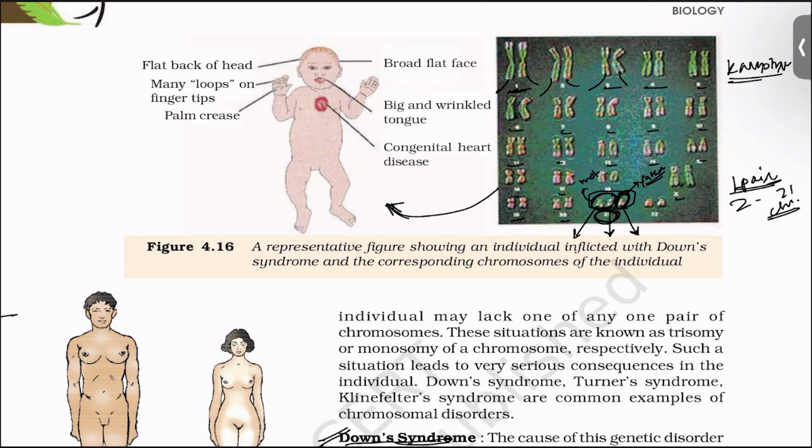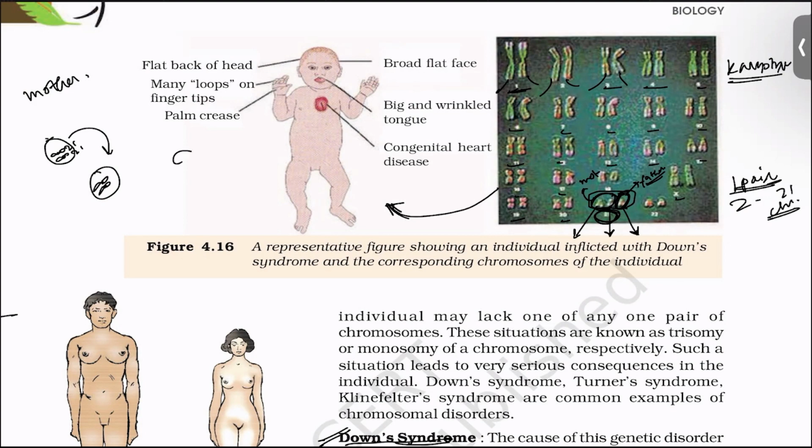So while forming the egg in the mother, the 21 sister chromatids did not get separated from each other, and when the final gamete formed, it was having 2 chromosome 21s.